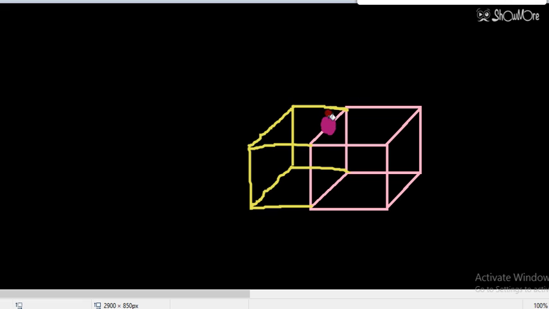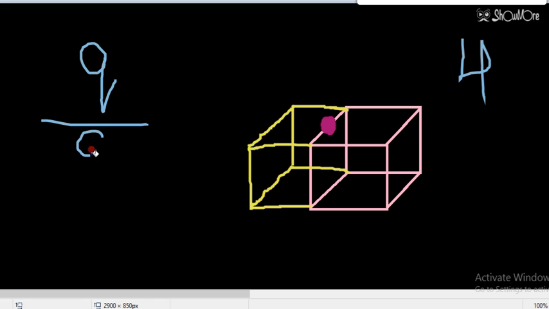Similar type of two cubes will be placed just above this structure, so that this charge will be enclosed. So that means when the charge is placed at the center of an edge, in that case the total number of cubes required will be 4. So for the 4 cubes the flux will be Q by epsilon naught. But in this case, when the charge is placed at the edge of the cube, for a single cube the electric flux will be reduced to 1 by 4th.